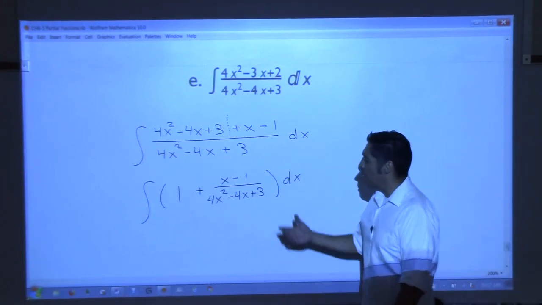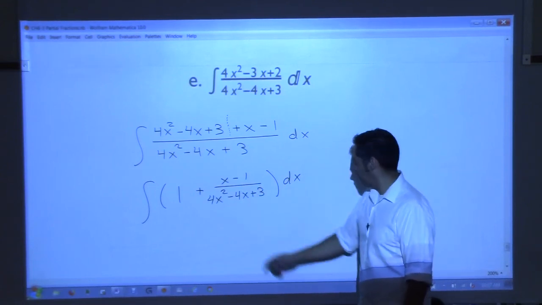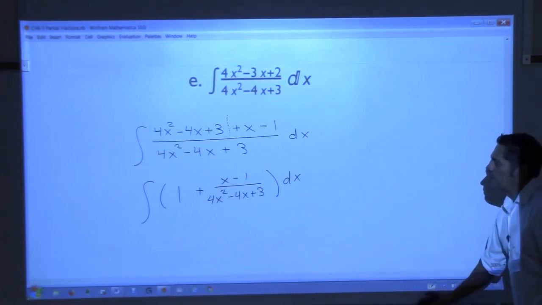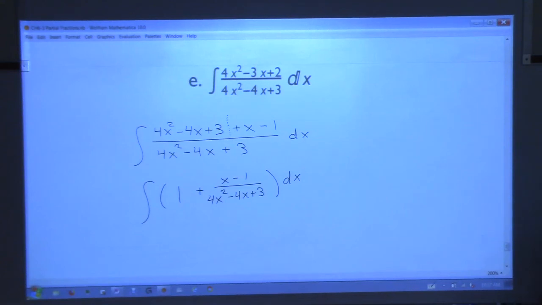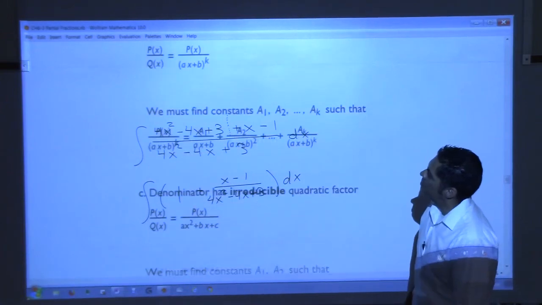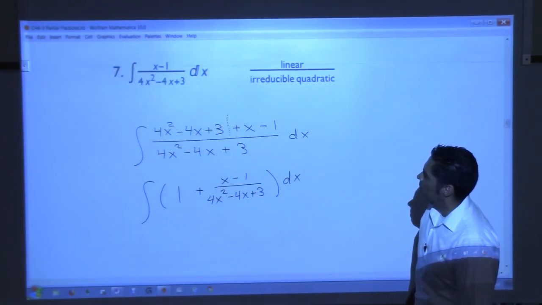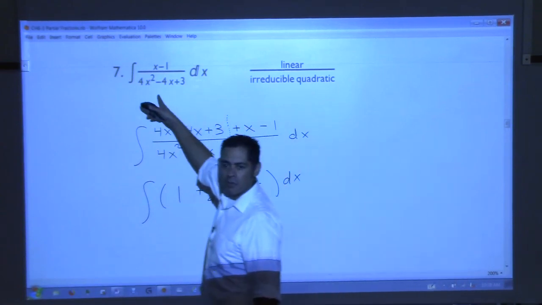All right, so now we would have to do this, right? So what do you do with this? You have to look at, do we do partial fractions? The denominator is not going to factor. So you go back up to last class, and you will see we did that integral.